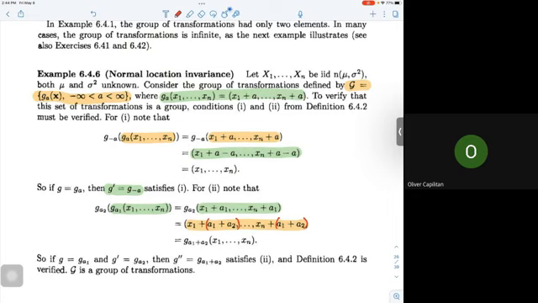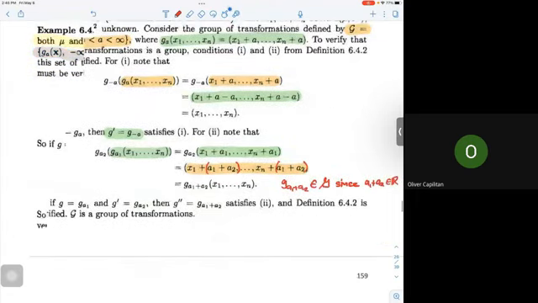Obviously, itong g sub a1 plus a2 is an element of script G. Bakit siya element ng script G? Guys, bakit element siya ng script G? Because a1 plus a2 is a real number.